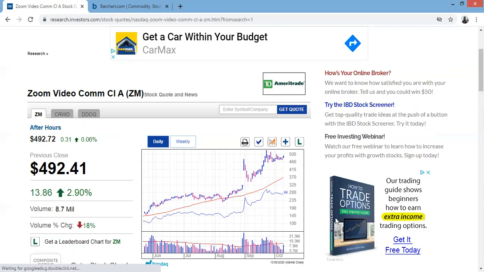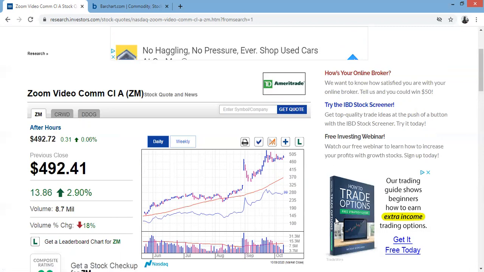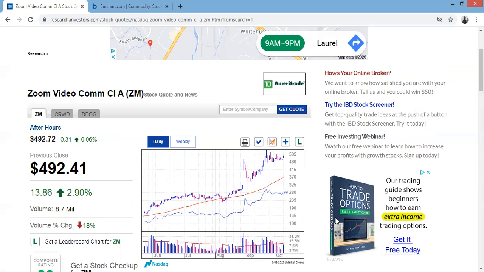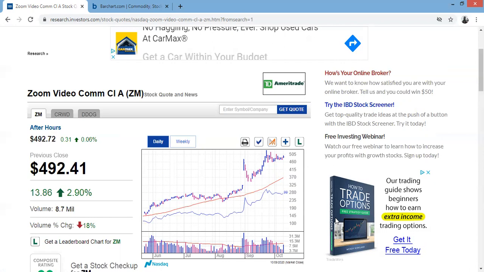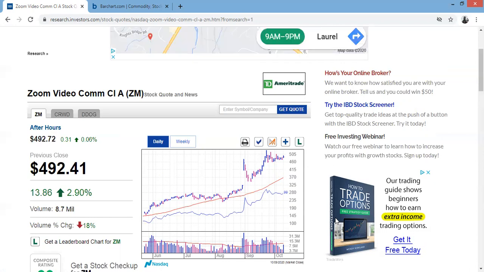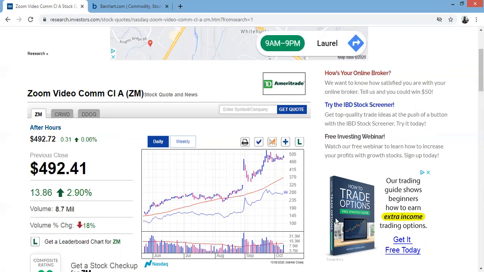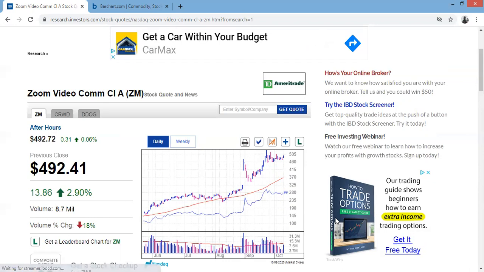Now, one thing that I'd like to note is that most institutional and bank investment companies don't invest in stocks that are below $9 or $10 a share. And the reason for that is because they invest millions of dollars.